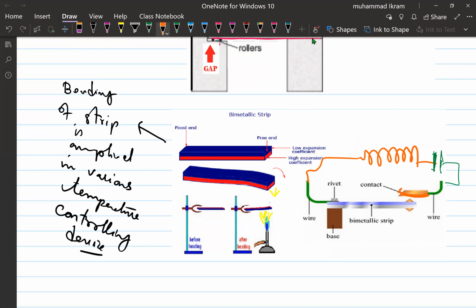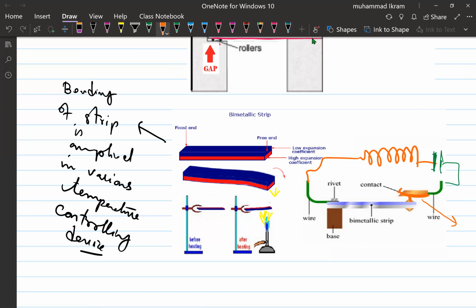Once the room temperature becomes lower again, then with the passage of time the bimetallic strip will straighten itself because of the decrease in temperature, and at one point it will make a connection again, right? And the heater will switch on automatically.